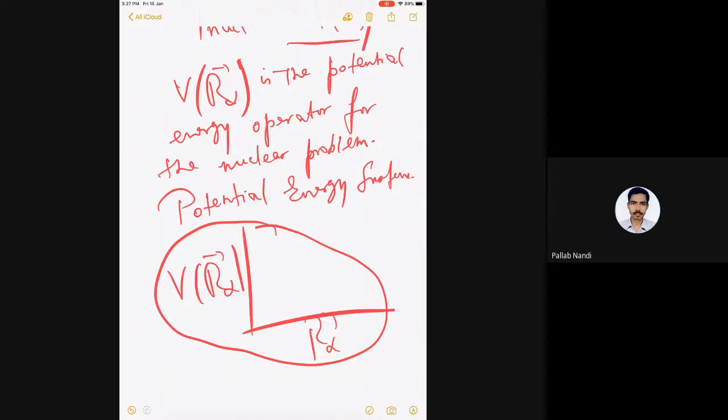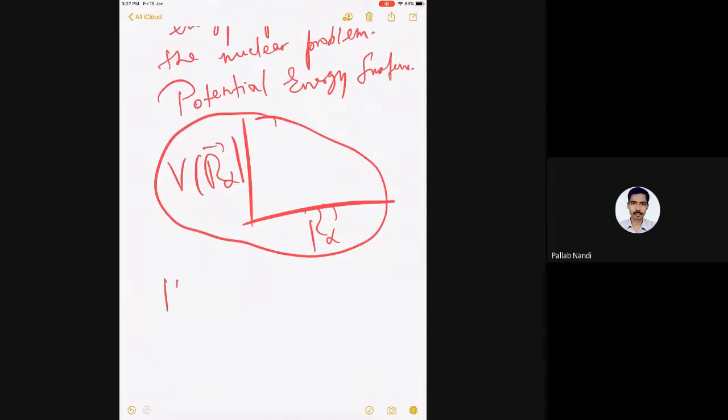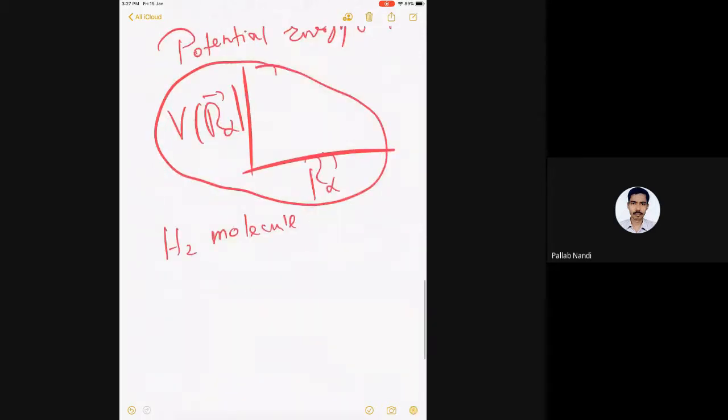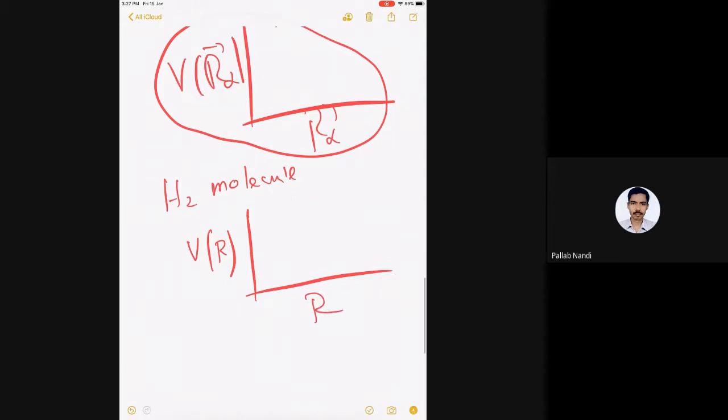Now, it is commonly known, from spectroscopy as well as previous quantum mechanics, that for the H2 molecule, if I plot a similar curve, because the H2 molecule has only 1 degree of freedom, 3n minus 5, I can write the potential energy as a function of only the distance between the hydrogens, and that's my R alpha.